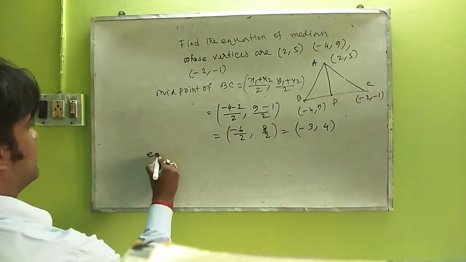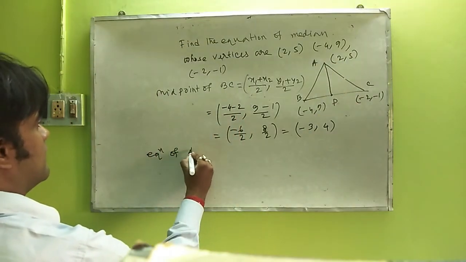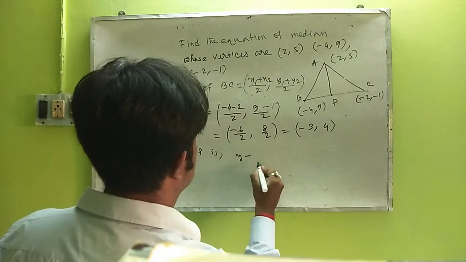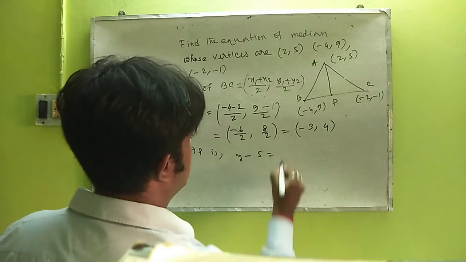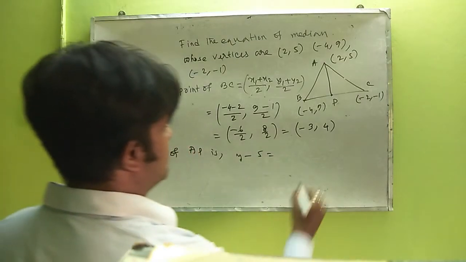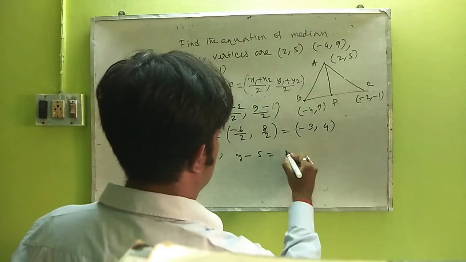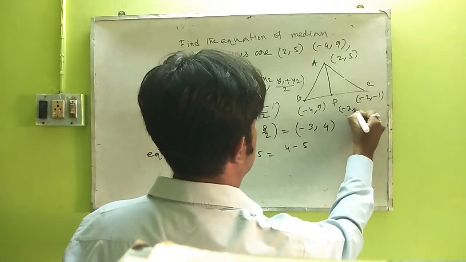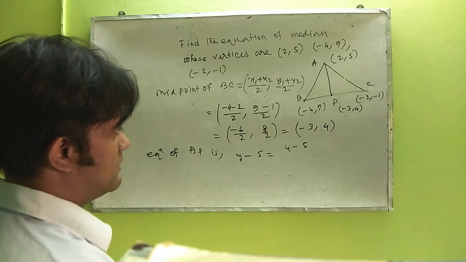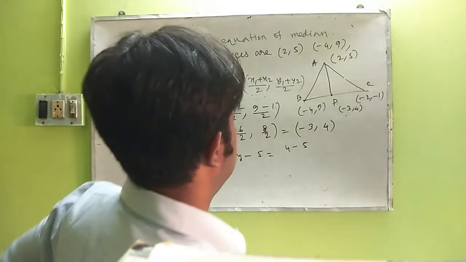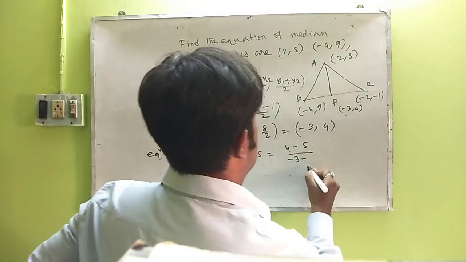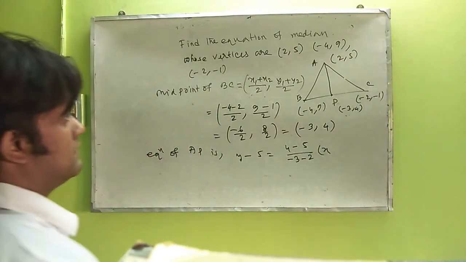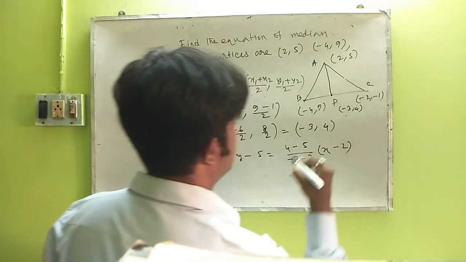So the equation of AP is y minus y1, which is 5, equals y2 minus y1, 4 minus 5, by minus 3 minus 2, times x minus x1.